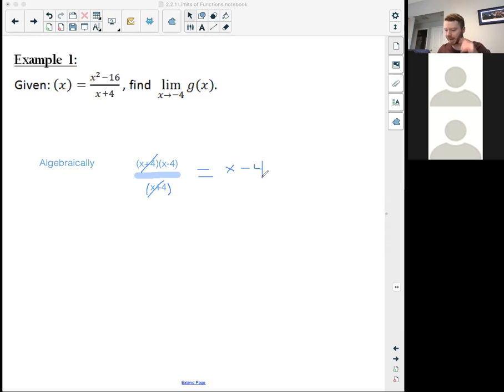Now remember, as we were solving it algebraically, step 1 was to simplify the function. And then step 2 was to sub x into f of x, what it is approaching. So in this case, we'll sub in -4 minus 4, which is equal to -8.